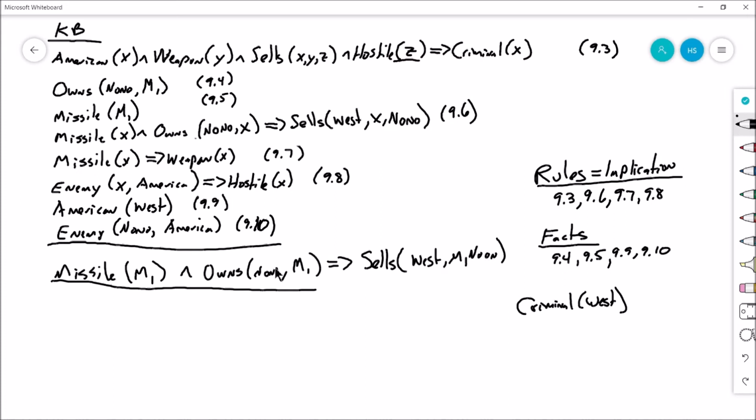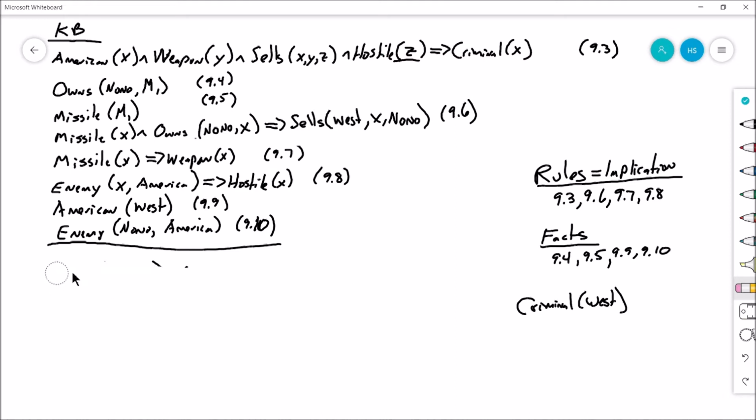Since that premise was satisfied, we can add the conclusion as a fact to our knowledge base. So, new fact: Sells(West, M1, Nono).